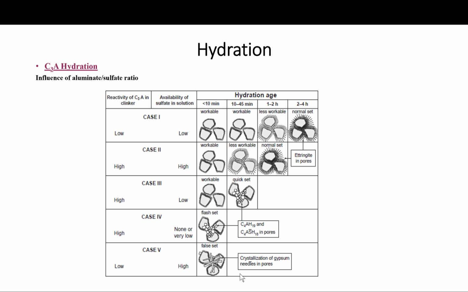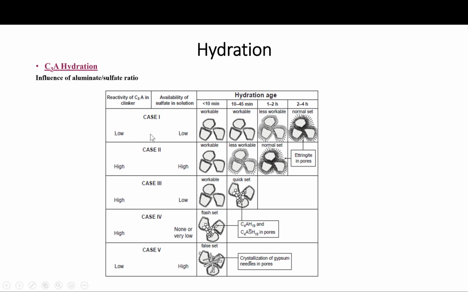So as you can see here, for example, we have case 1. We have the availability of sulfate in solution.